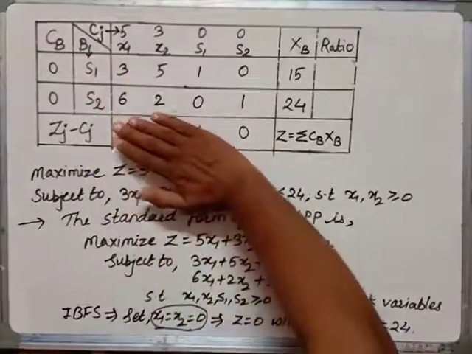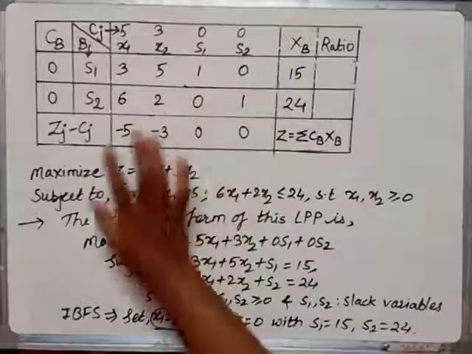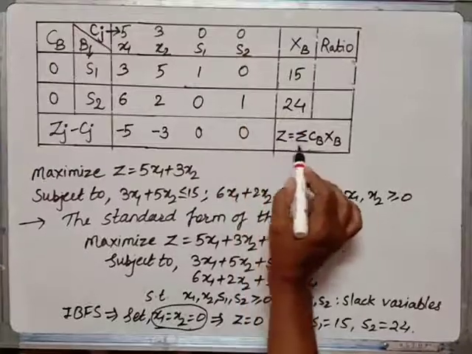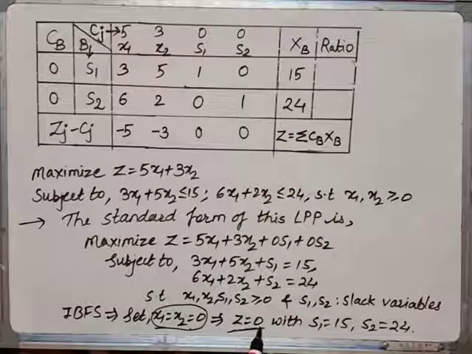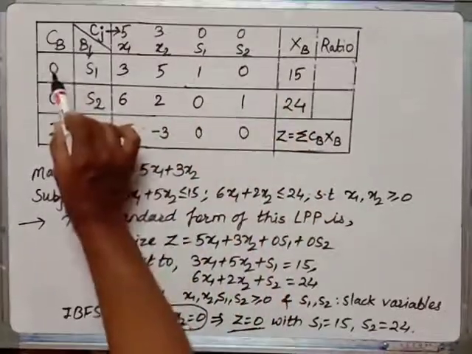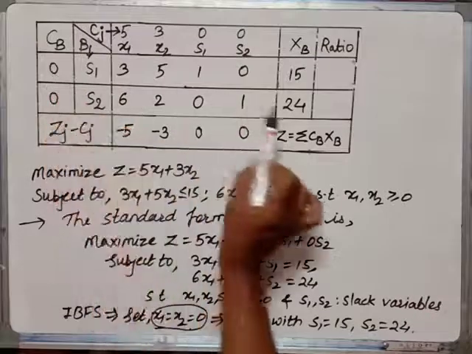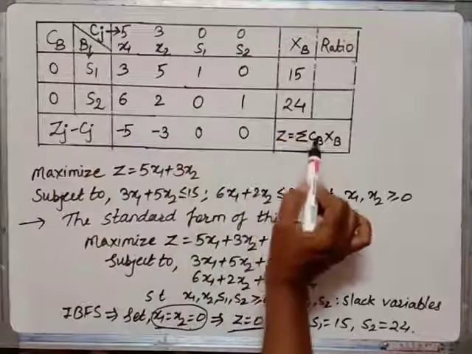But except this, whatever we had written previously, all those things are coming from what? Initial basic feasible solution. Clearly you can check this z is equal to summation CB XB. Here we are getting z is equal to 0. That can be obtained. Look at it here. CB is 0. 15 into 0 will be 0 plus 24 into 0 will be 0 and 0 plus 0 is 0.